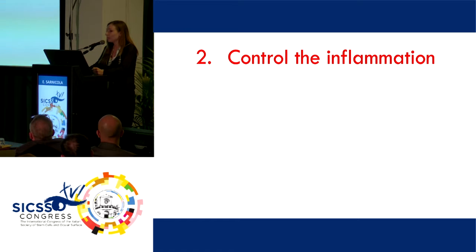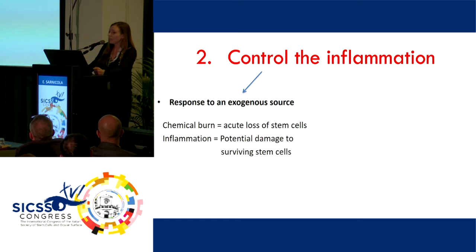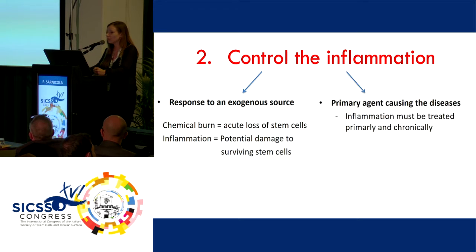But let's now come to the true topic of my presentation. It is to say, medical treatment. The first goal is to bring the inflammation under control, both in cases of burns, because it is the inflammation that actually perpetuates the loss in the ability of functioning of the stem cells, of the surviving stem cells.